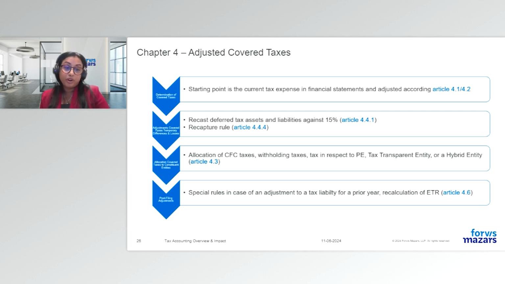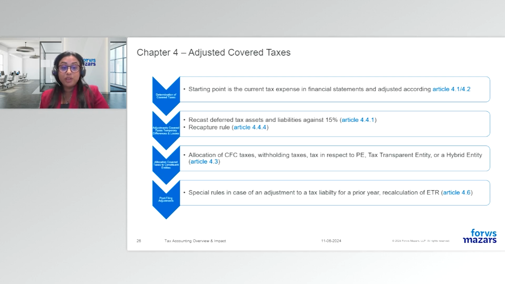Article 4.4 includes a number of safeguards designed to protect the integrity of the ETR calculation under the GloBE rules. These safeguards include limiting the recognition of deferred tax assets and liabilities to the minimum rate, that's 15%, and a recapture rule to ensure that amounts claimed as covered taxes are actually paid within a set period of time.